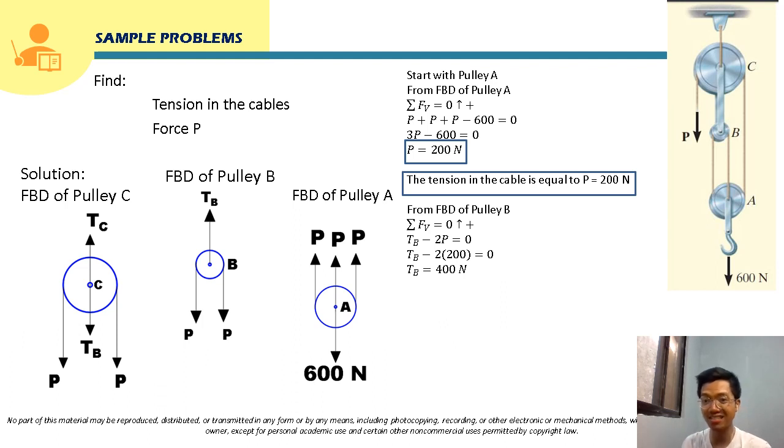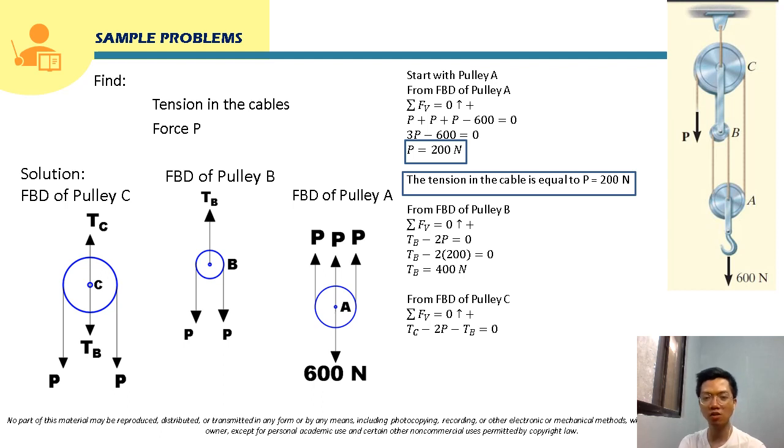Just in case it is asked in the problem to solve for TB. Also for TC, from the FBD of Pulley C, we can solve for that tension force. We just use summation of forces vertical here. So that will just be TC minus 2P minus TB.